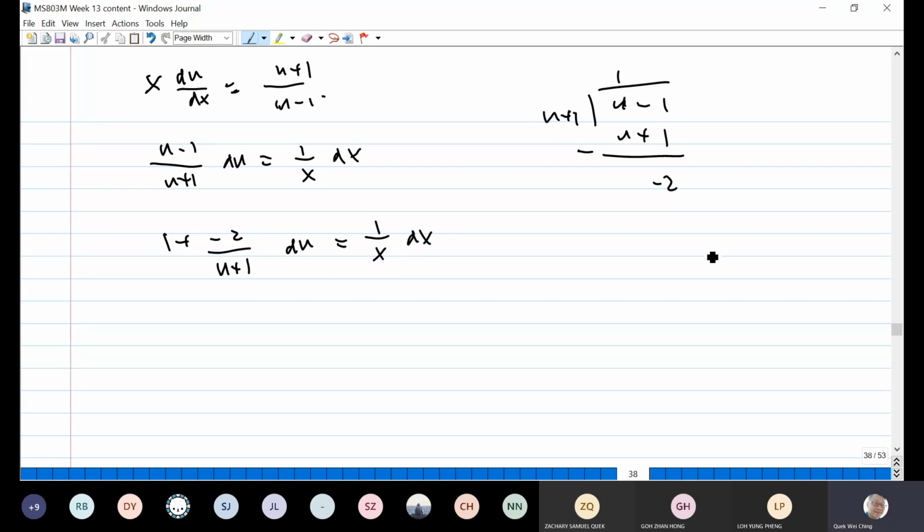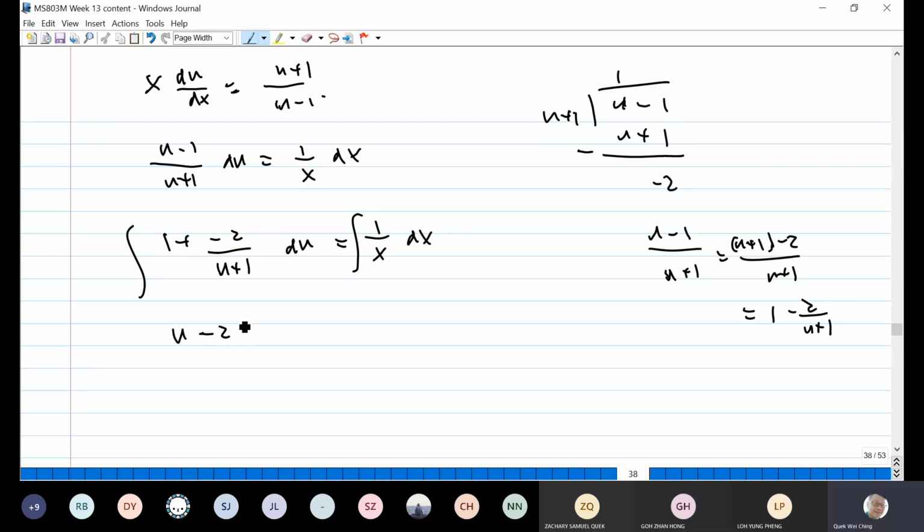Then integrate both sides. Integrate 1, you get u. Then it is minus 2 ln of u plus 1, equals ln x plus a constant.